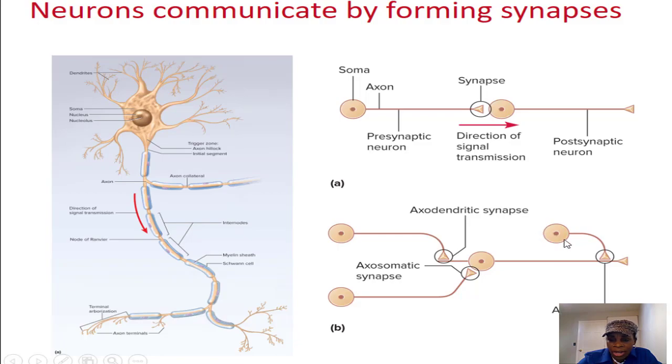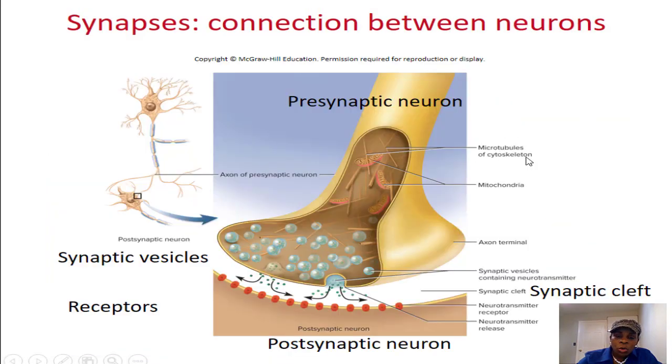But if you look on your right, this last one, the neuron synapses on the axon terminal of the next neuron. So that's going to be an axoaxonic synapse. The other ones are axodendritic synapse and axosomatic synapse. So the synapse is not always on one particular part. It could be on the dendrite, the cell body, or the axon terminal. So we look at the big picture here.